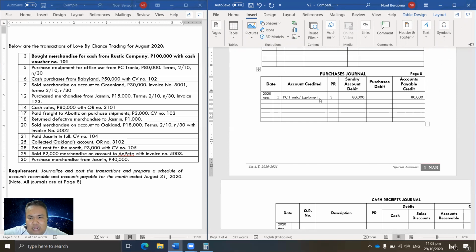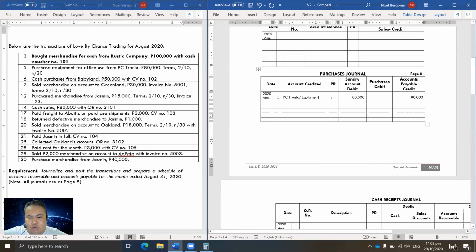The next part is ito po. Ito yung kaiba dito na hindi ko nabanggit last time sa video discussion. Since wala po yung account title sa columns, we need to immediately post it. Tandaan nyo po yun that once we use the sundry account, the account title and the amount on that particular usage of sundry account should be posted immediately to the general ledger.